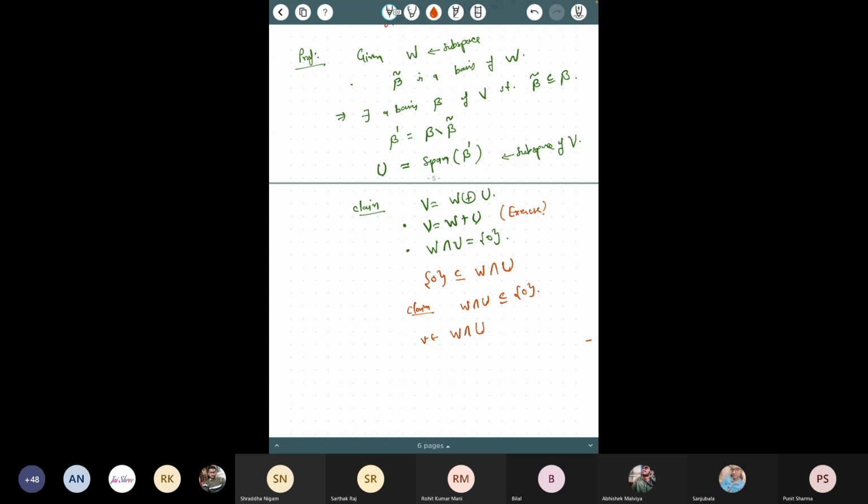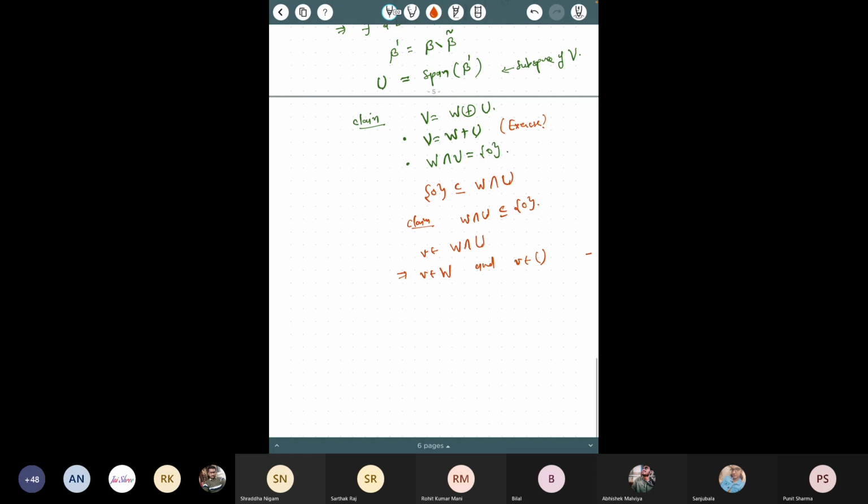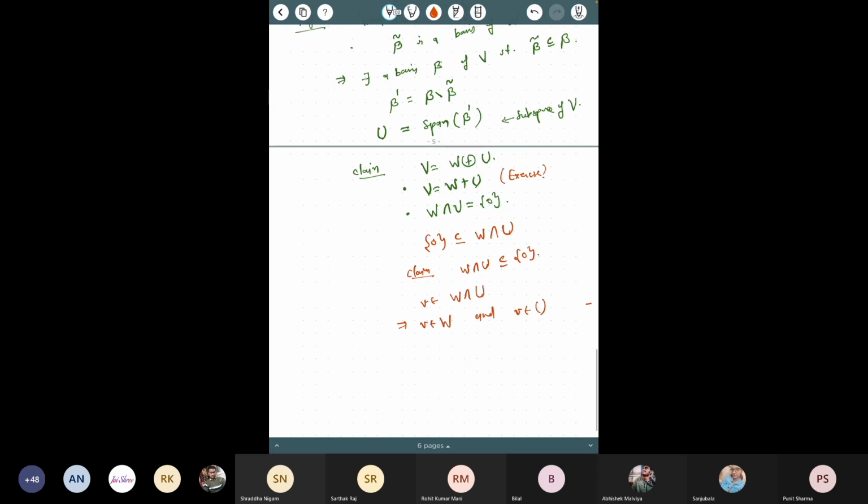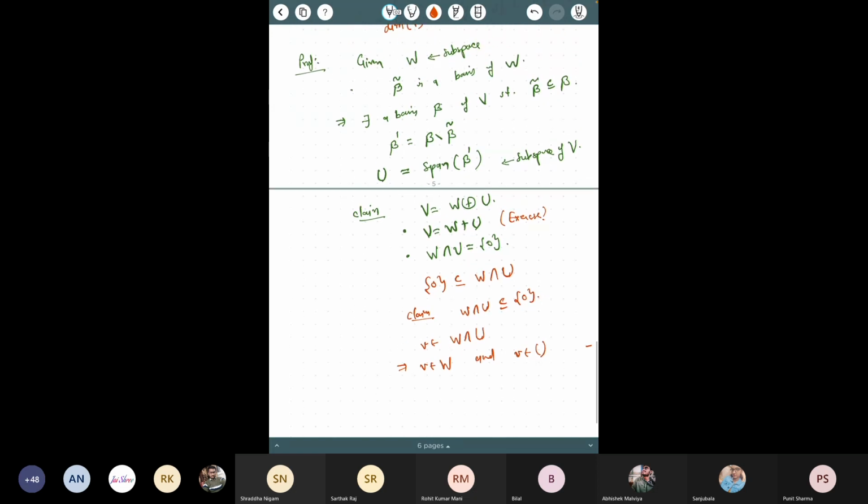So assume that V is in the intersection. If V is in the intersection, that means V is in W and V is in U. Now V is in W and we have a basis for W. What is the basis for W? The basis for W is B tilde, sorry.